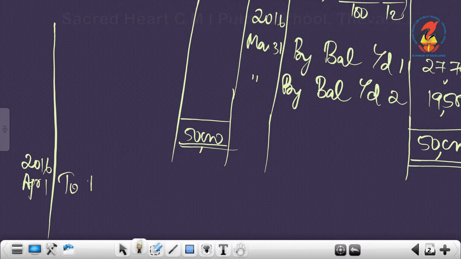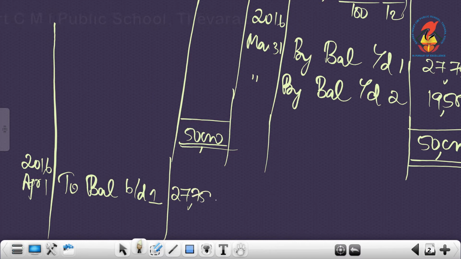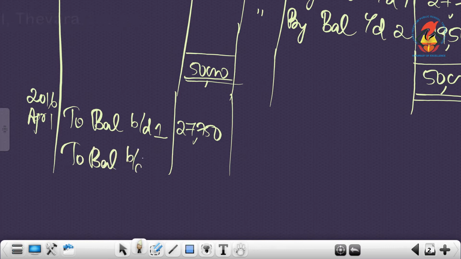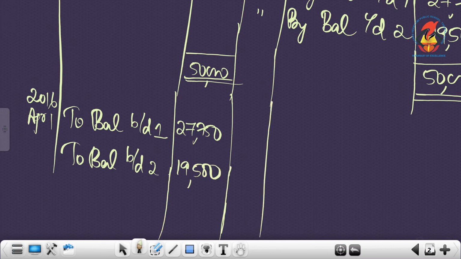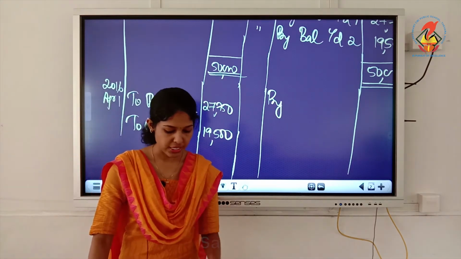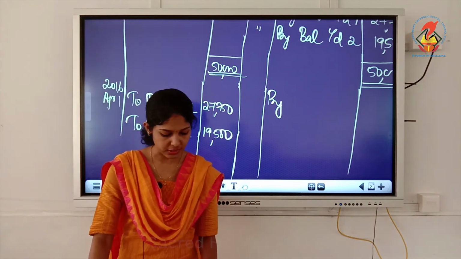April 1st, we will write to balance brought down 1, 27,750, then 2, balance brought down 2, 19,500. So now we have to compute depreciation. Before that you have to check whether there is any sale or additional purchase in the second year.